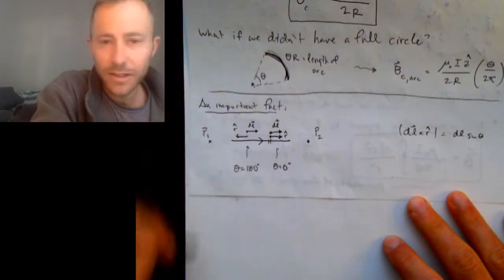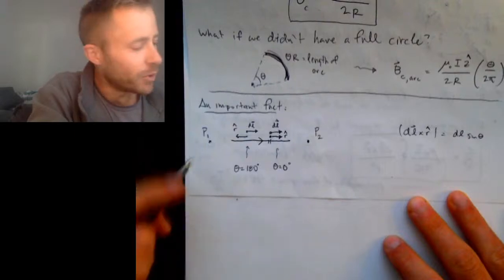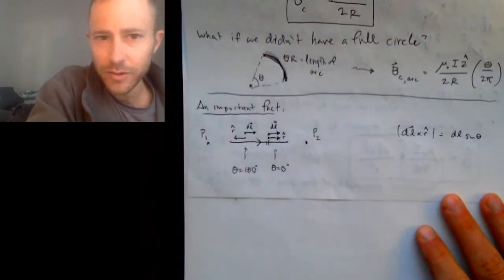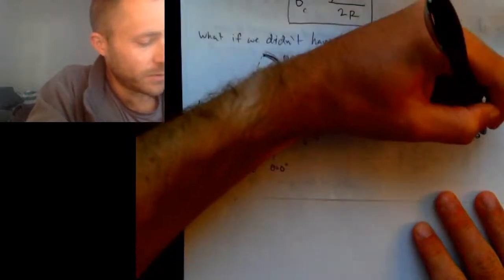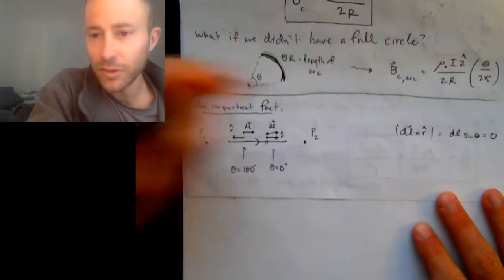The sine of 180 degrees is also 0. So in both of these cases, the angle is such that the cross product is 0.